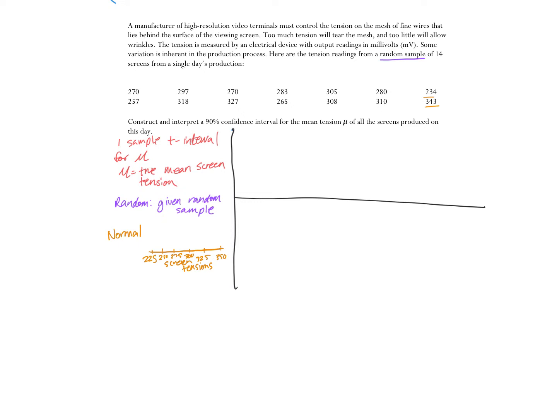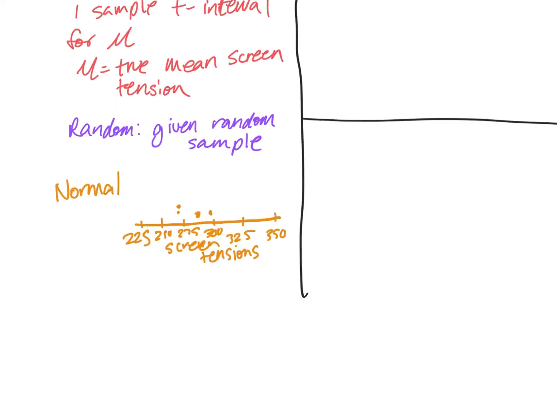Did I do that right? Okay. And I'm just going to go through and put 270, 297, 270, 283. What's it go up by? It's going up by 25s.